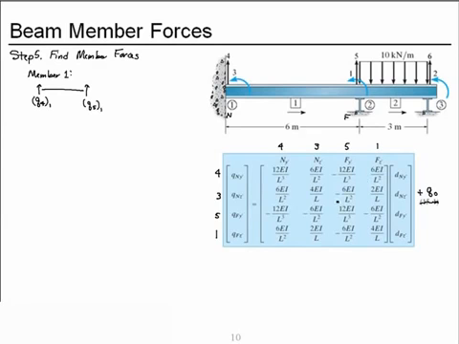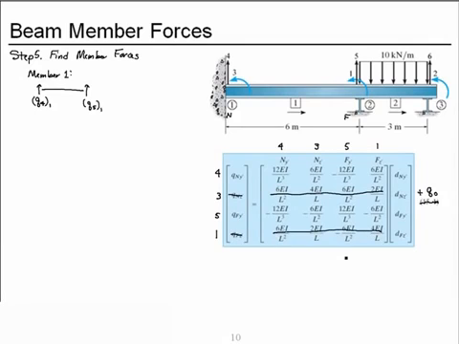So we're looking for 4 and 5, so I don't need to calculate 3 or 1, which means I don't need this row of coefficients or this row of coefficients.